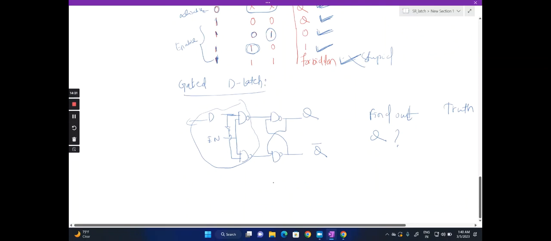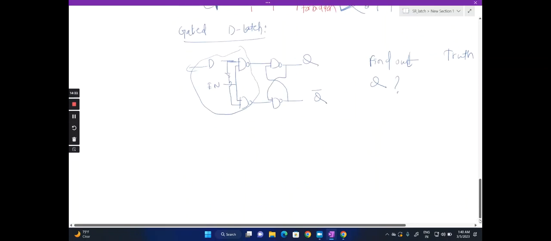That's why it is the SR latch, set and reset latch. So let's find out the truth table for the gated D latch: enable, D and Q plus. When enable is 0, A and B both will be 1 1. So we don't care about D, Q will be Q. Next, when enable is 1, D is changing from 0 to 1.